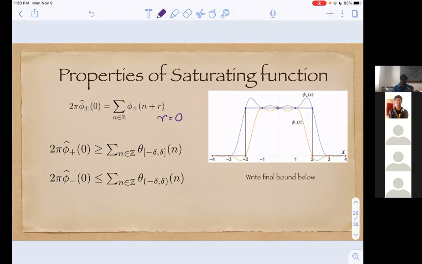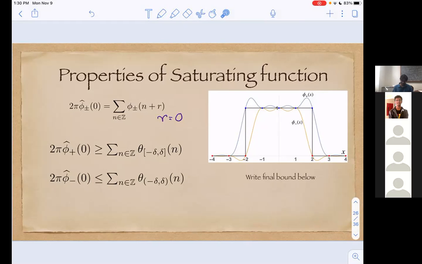So I only need to care about functions evaluated at integer points. As long as I make sure that outside the interval at integer points this function is 0, and inside the interval at integer points this function is 1, we are good. We know that this equality has to be satisfied.